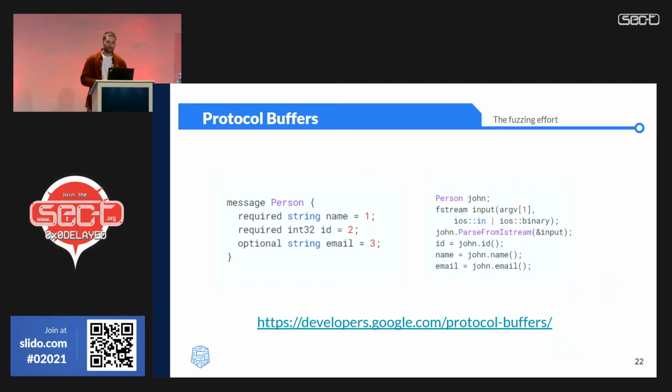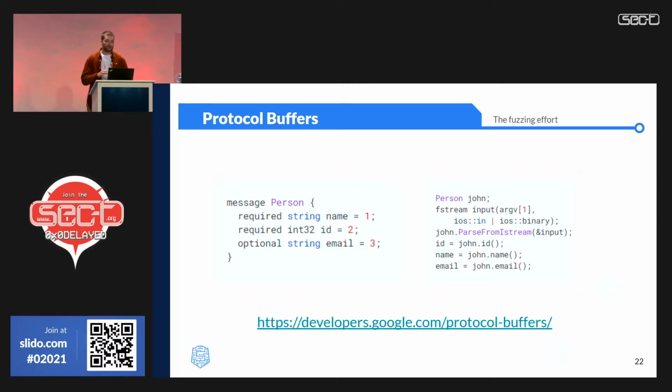Google has created this technology called protocol buffers, which are basically C++ structures, but in a language agnostic way. So you have the message, which is almost the struct keyword, and then the name of the message. By using this technology, you can pretty much describe anything.